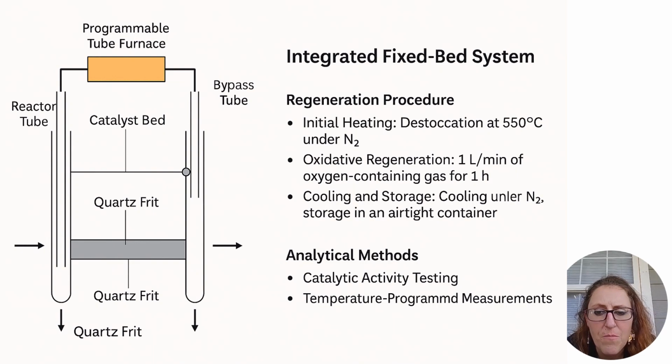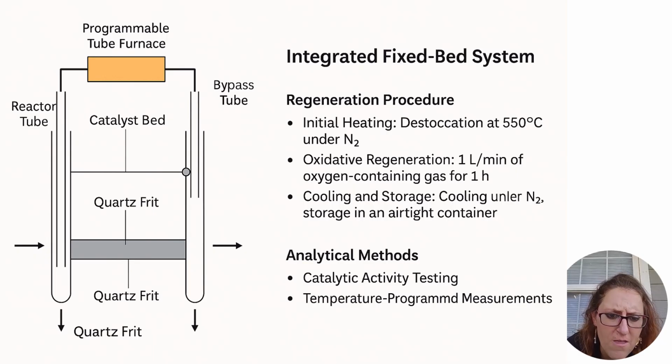Spent vanadium pentoxide-based catalysts were first dried at 100 degrees Celsius for 1 hour under ambient conditions to eliminate residual sulfur dioxide, sulfur trioxide, and water that may interfere with the regeneration chemistry. Following drying, the samples were mechanically ground using a mixer mill to achieve a uniform particle size distribution of 100 to 150 micrometers.